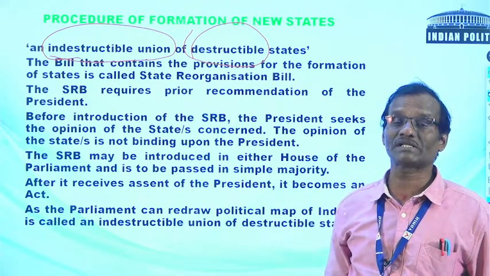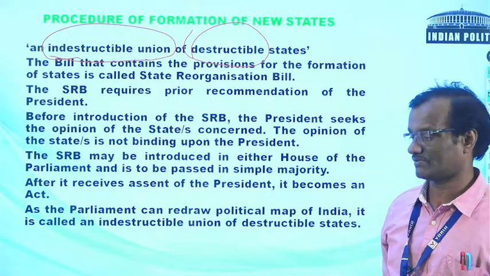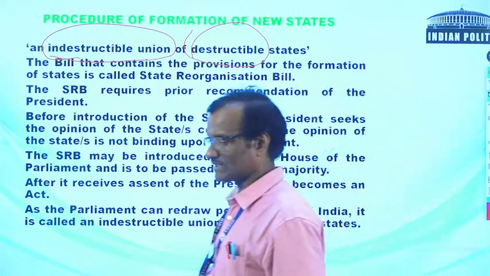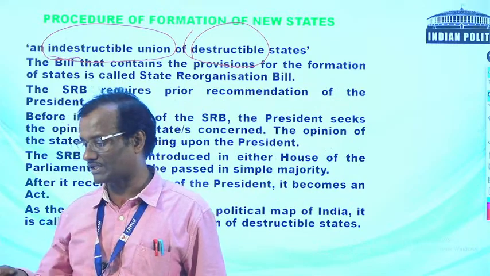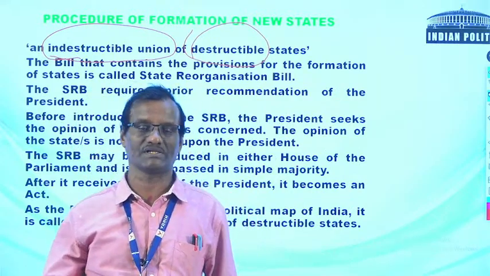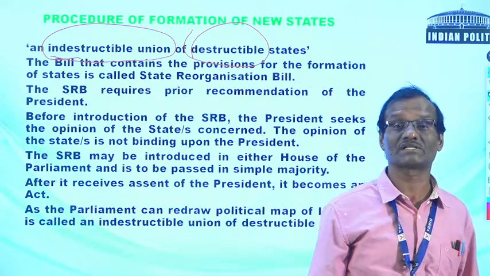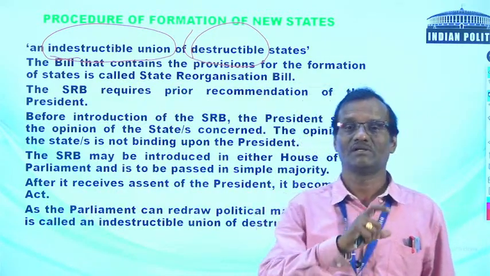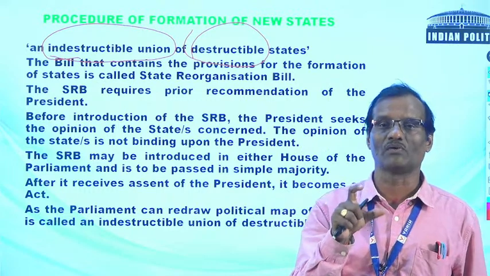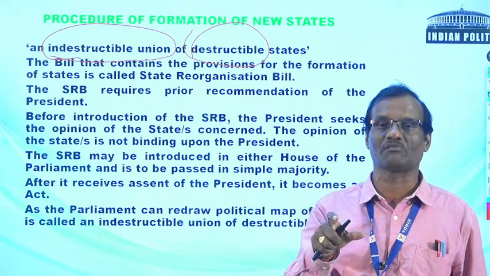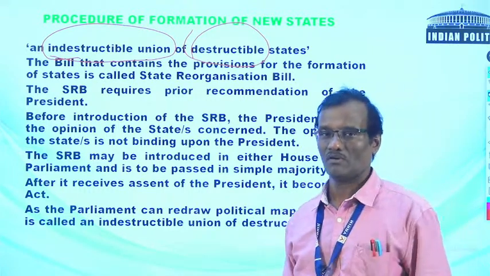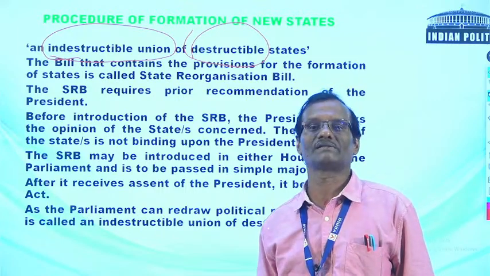Indestructible union means the center cannot be destroyed. That means the territorial integrity of the center cannot be loosened. But destructible state means the state can be destroyed. There is no fixed political boundary of the state, but there is a fixed political boundary of India. It can be extended.